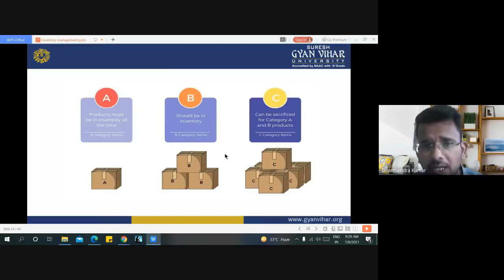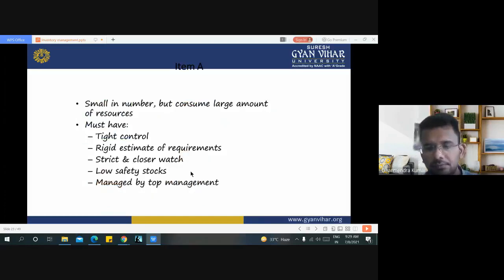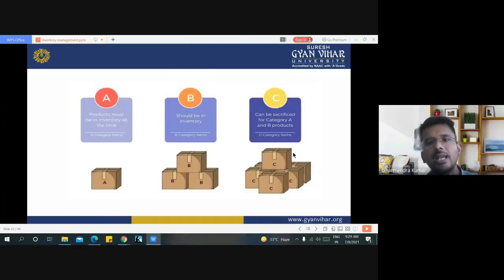In the B category, we use a moderate quantity and moderate inventory cost. In the C category, we use more volume of space and more number of components, but it consumes less value of overall inventory cost.